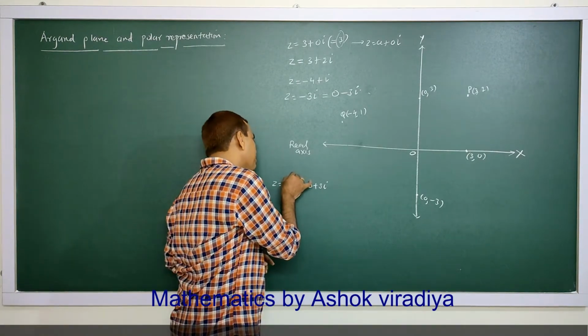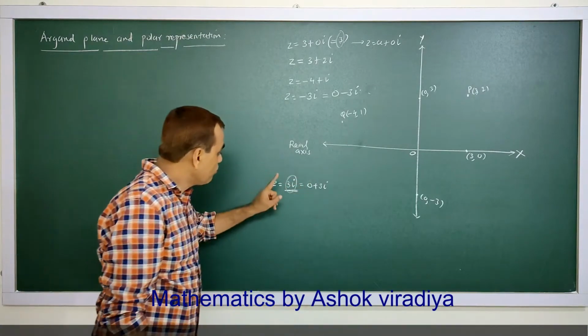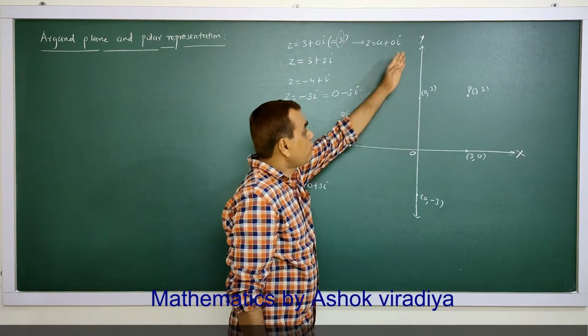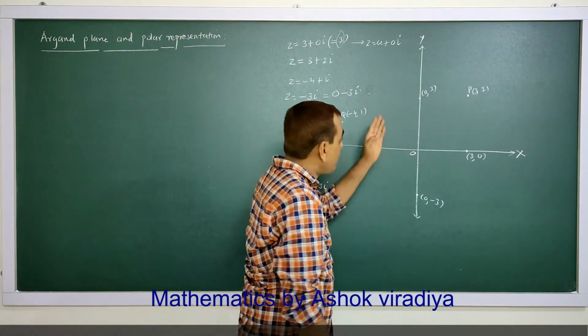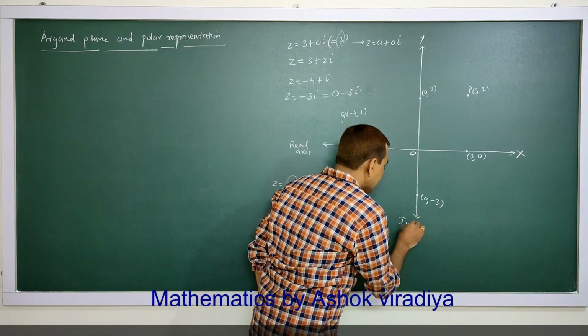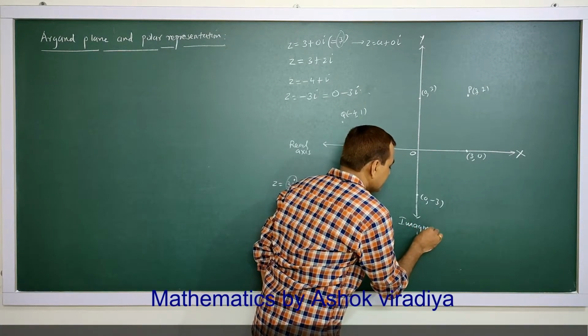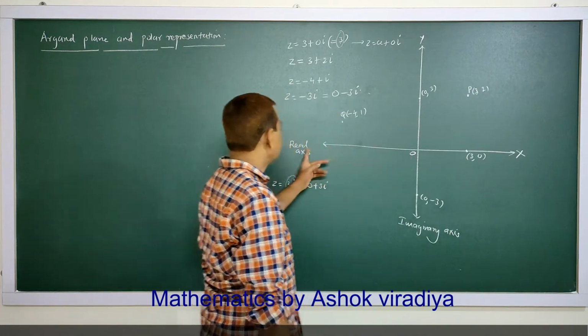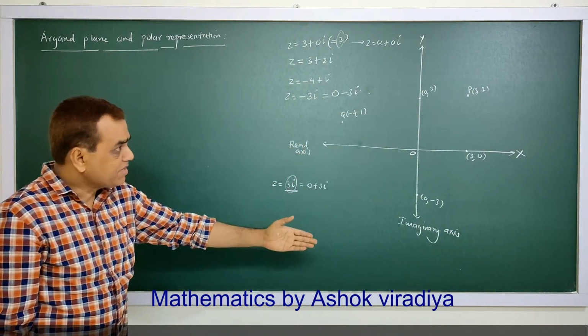So the point corresponding to a purely imaginary number lies on the y-axis. So the y-axis is said to be the imaginary axis. The x-axis is the real axis, the y-axis is the imaginary axis.